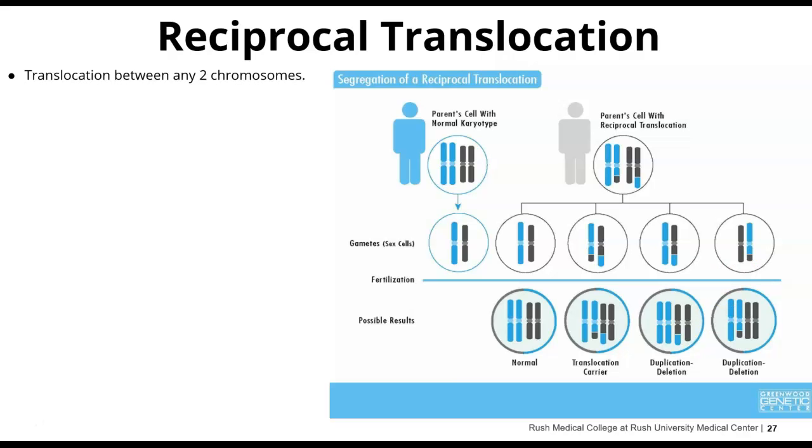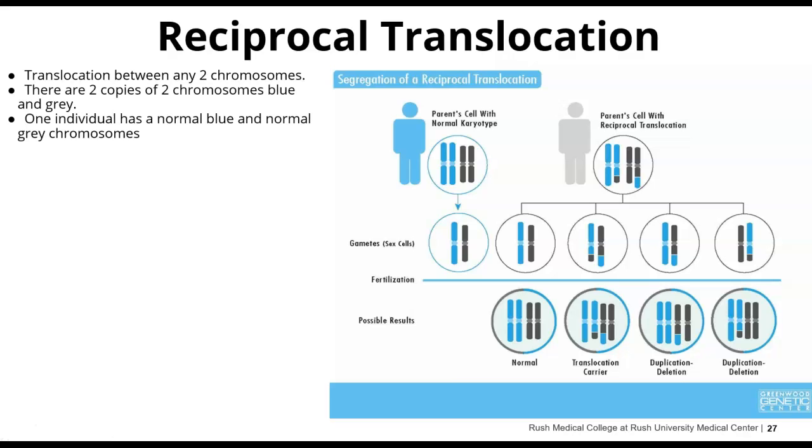Now, that's a Robertsonian translocation, a special translocation between 2 acrocentric chromosomes. We can have rearrangements between any 2 chromosomes. So let's call this, again, the blue is 1 and the gray is 2. What if part of 2 is on 1 and part of 1 is on 2? This can occur with any 2 chromosomes.